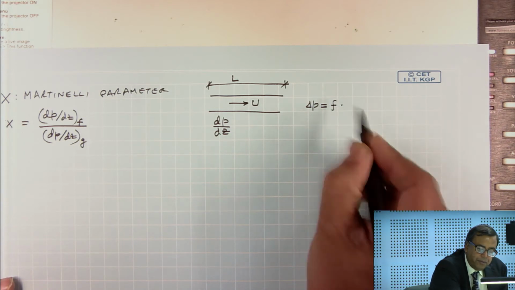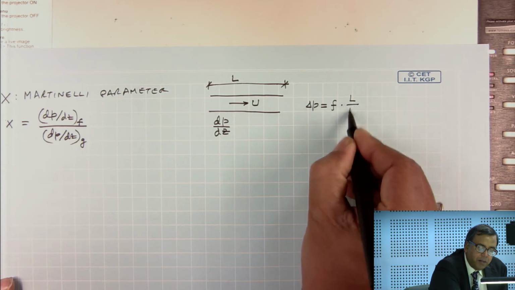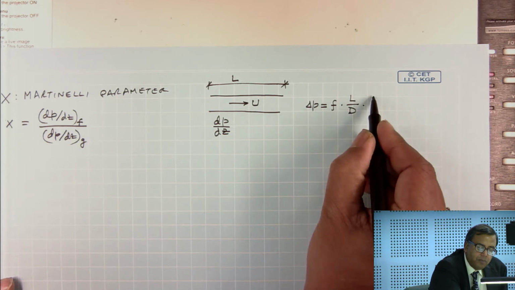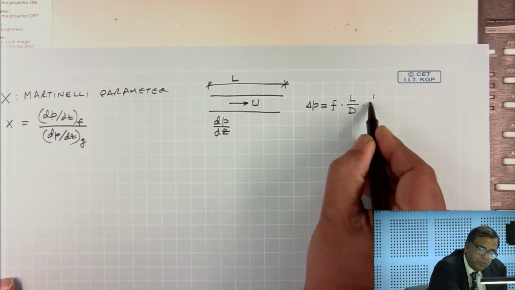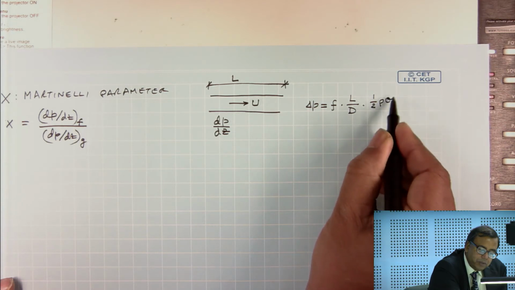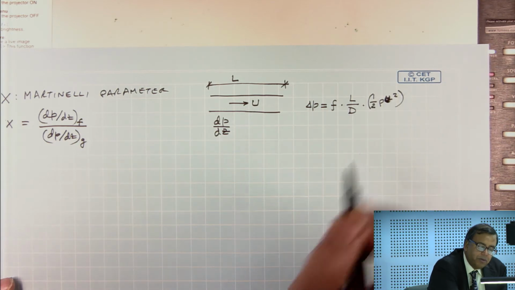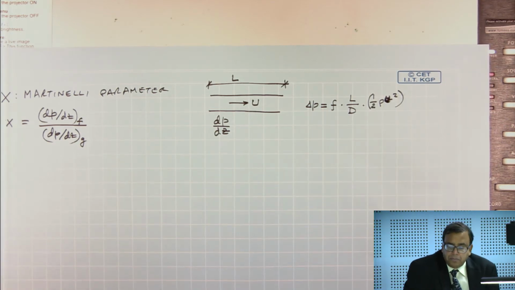So I will have f L by D times, is there a rho or there is no rho? Half rho u square, right? Okay. What if I write it in terms of mass flow rate?